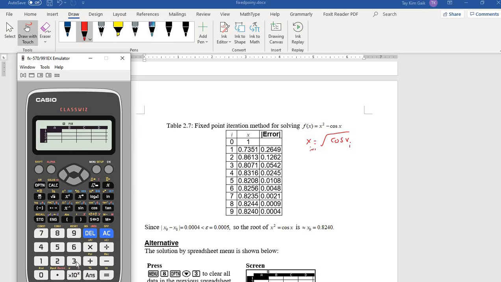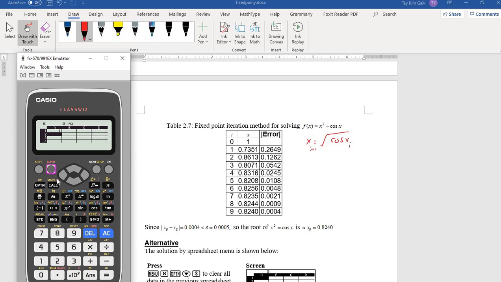So first of all, in cell A1, I input the initial value 1. Now I'm going to input the second cell. To calculate the x number 1, we will use square root cos x naught, where the x naught is stored in A1.